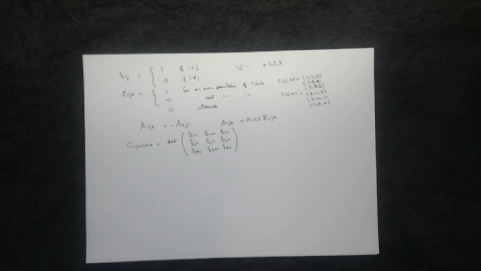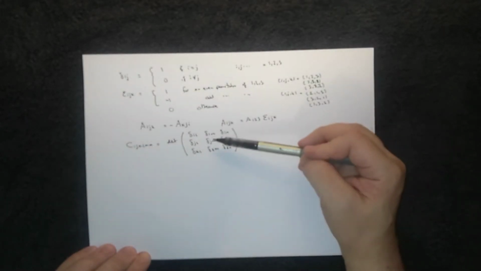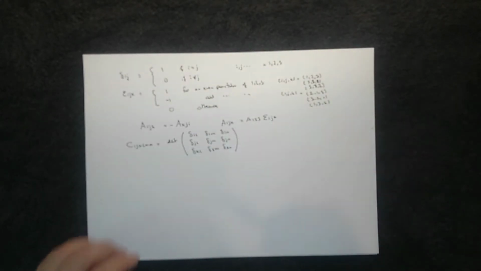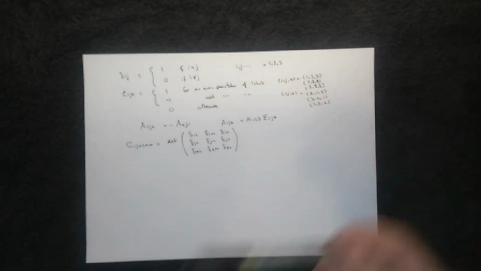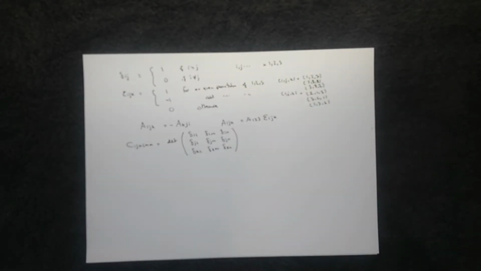Now, using what we know about determinants, I know that if I swap any two rows, I change the sign. So if I swap i and j over, I swap this row with this row. And that has the effect of changing the determinant by a minus sign. And I can do that with any of the rows. So swapping i, j or k with one of the others introduces a minus sign. Therefore, this is totally antisymmetric in i, j and k.